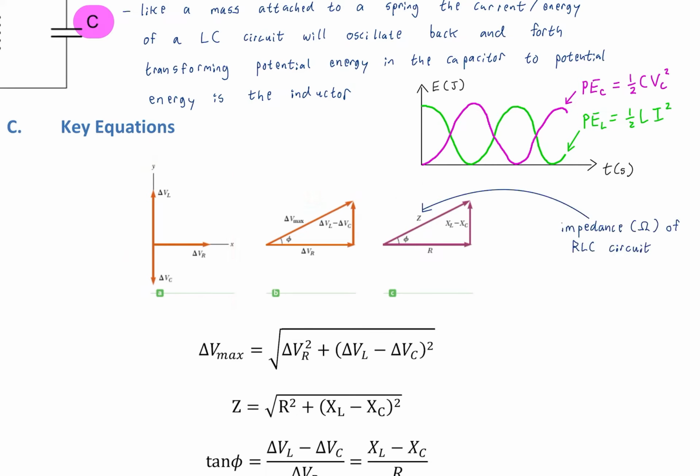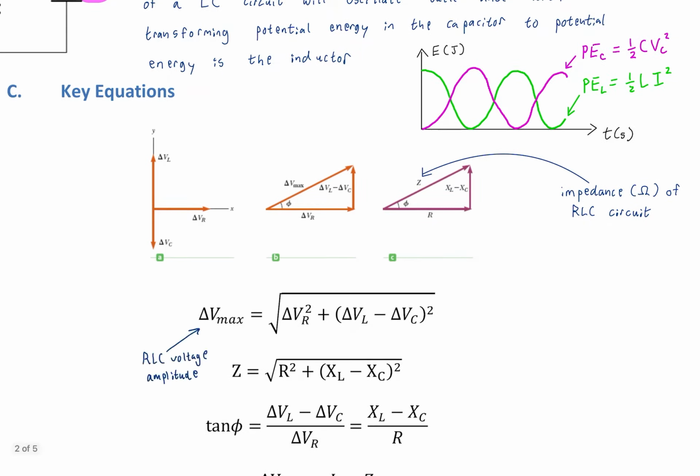And notice that the total impedance, a term introduced on the previous page, is represented by the letter Z. It's measured in ohms, and it's the impedance of the RLC circuit. All right, on to our key equations.